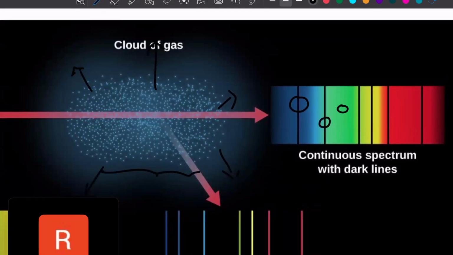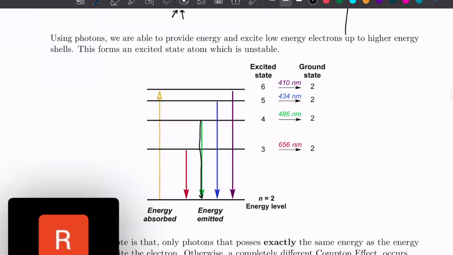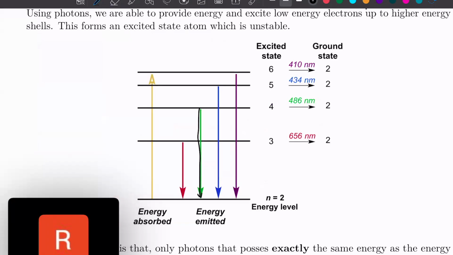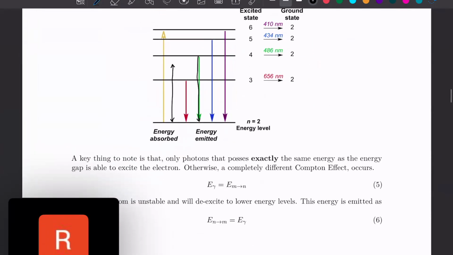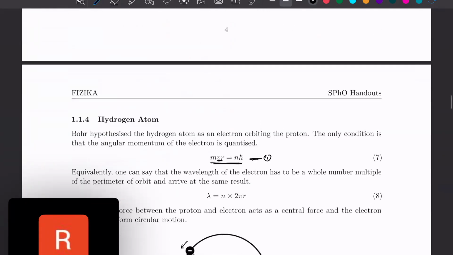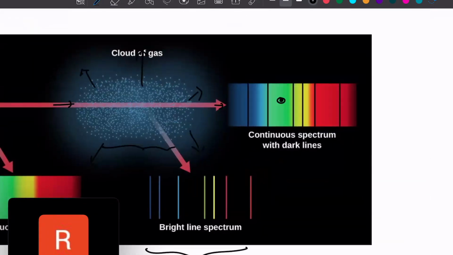Like if I were to choose this energy level photon, since it's not exactly equal to any difference in energy level, it won't get absorbed and will just pass through, and then I can see it here.